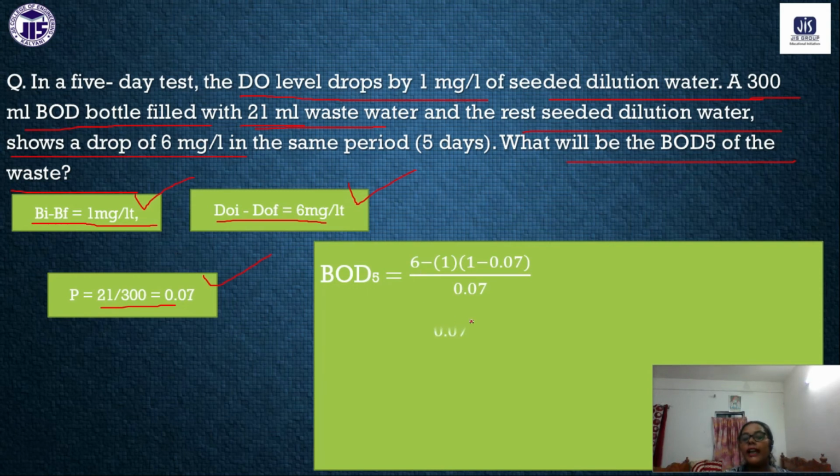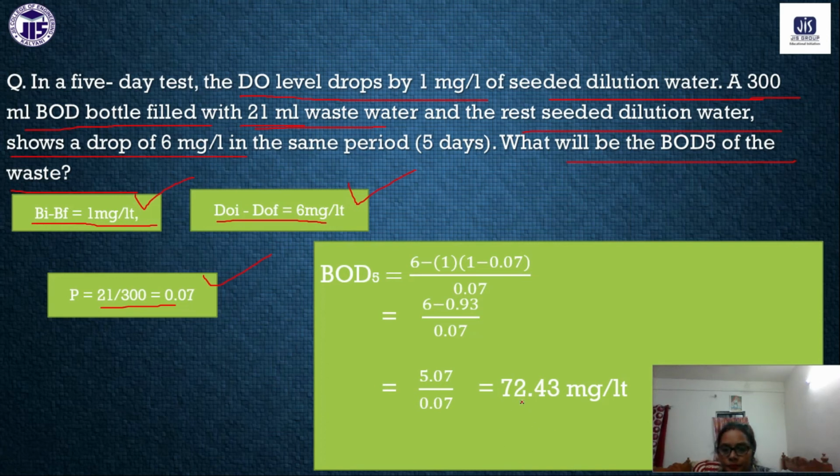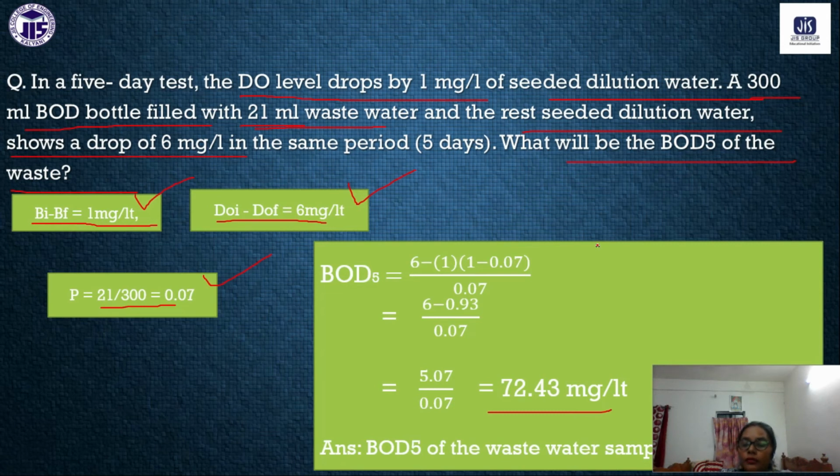If we do this, we get the answer, that is 72.43 milligram per liter. So this will be the BOD 5 of the wastewater.